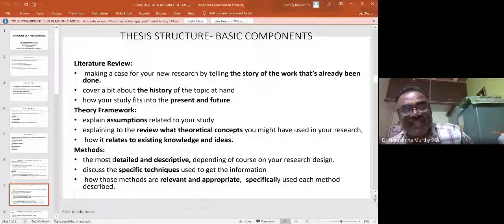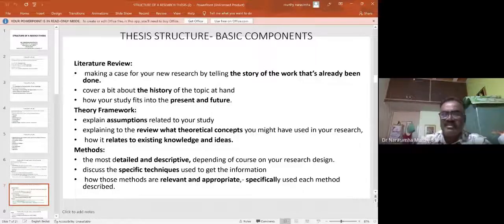The next is methods, that is methodology, approach. Usually, this is a very detailed and descriptive part of a thesis because it discusses the specific techniques that you use to arrive at some conclusion, some discussion, to get some information. And remember, how are these methods relevant and appropriate?